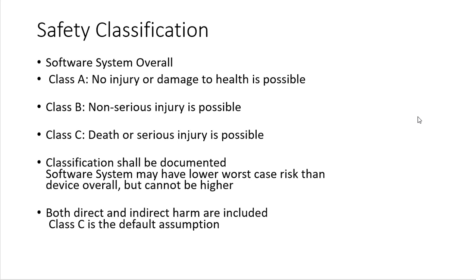Unlike the safety classifications in Canada, which has 4 levels, the document only defines 3 safety classification levels: Class A, Class B, and Class C. Class A is considered Class 1 in Canada, and Class C is considered Class 4 in Canada.